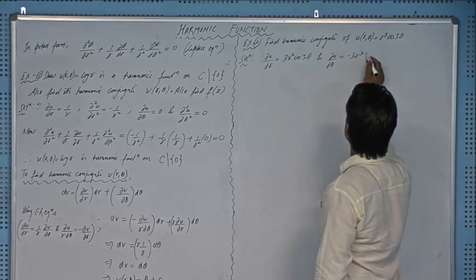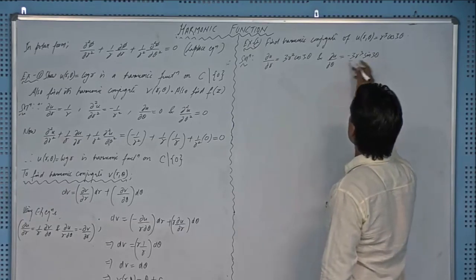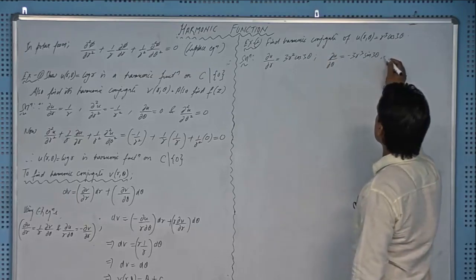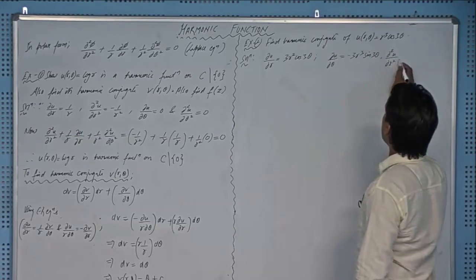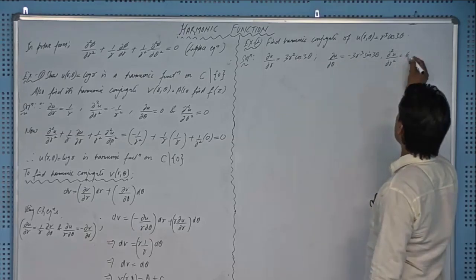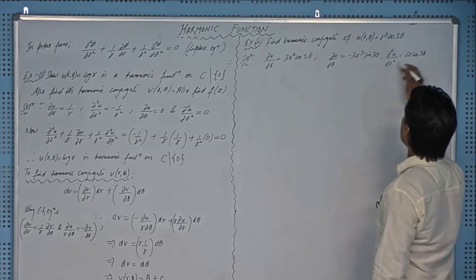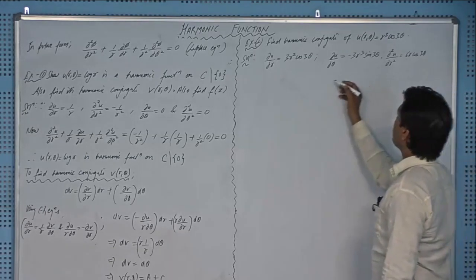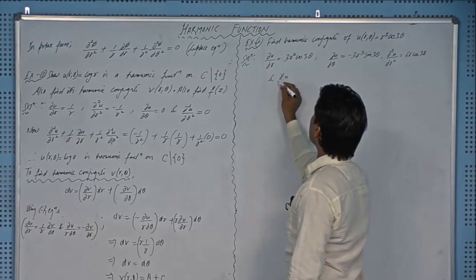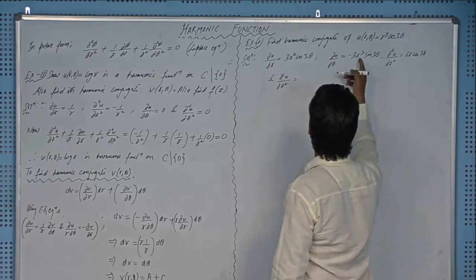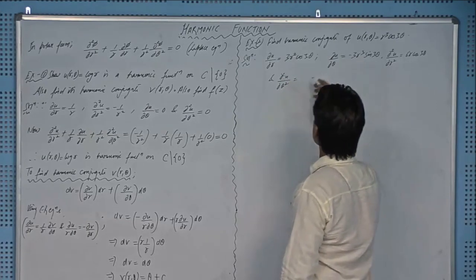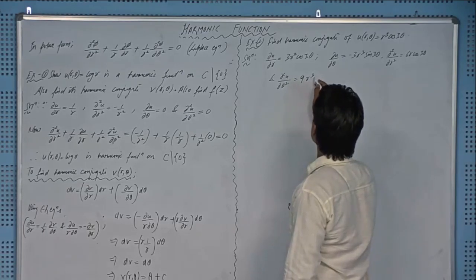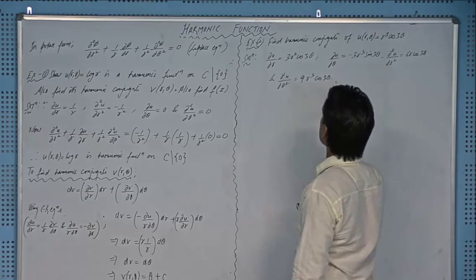Minus of 3 r cube sine 3 theta, and I also need del square u over del r square, that will be 6 r cos 3 theta, and I also need del square u over del theta square, that will be differentiating it again with respect to theta, that will be minus 9 r cube cos 3 theta, right?